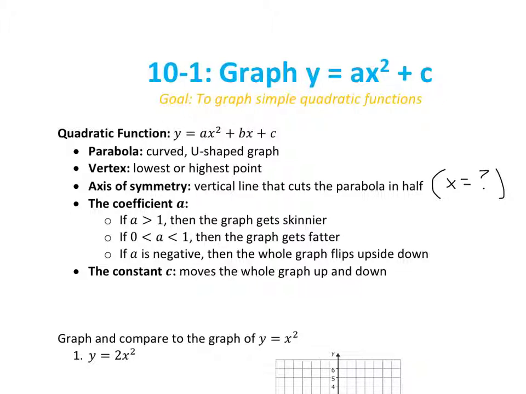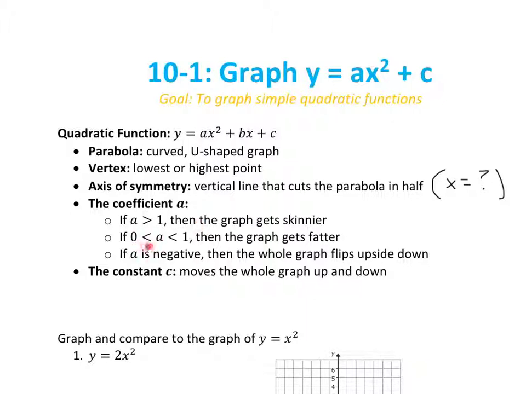Now the coefficient a is going to tell us how fat or how skinny our graph looks. The regular graph, y equals x squared, is what's called the parent function. When a changes from 1, if it gets bigger, the graph is going to get skinnier and skinnier.